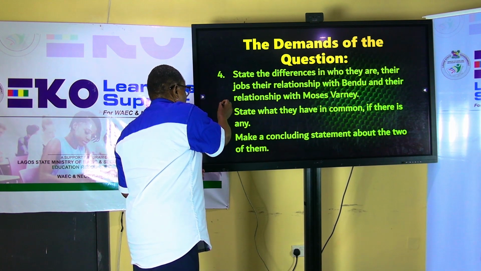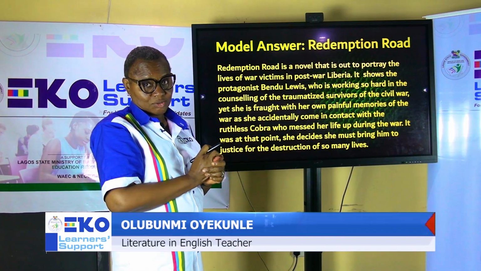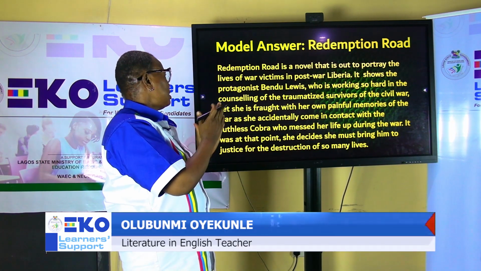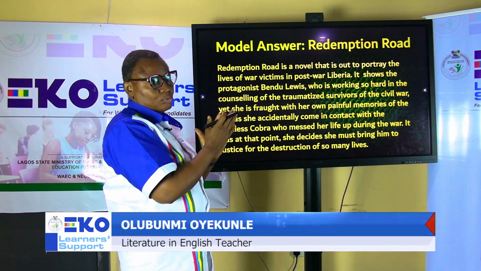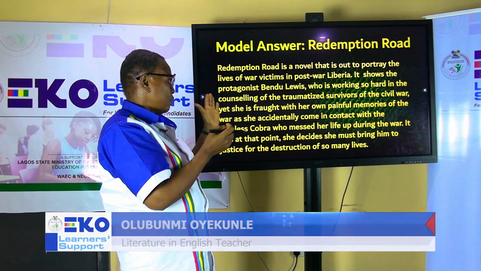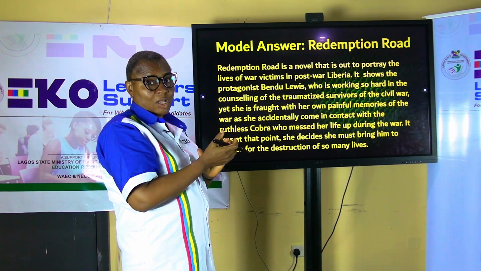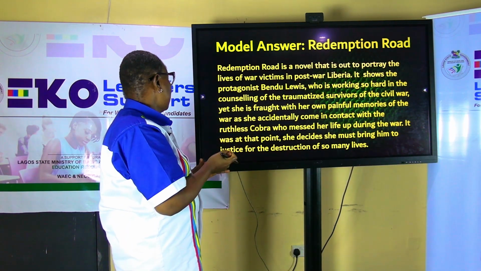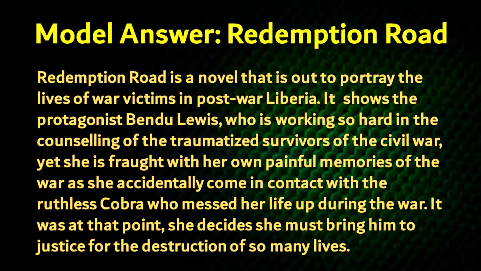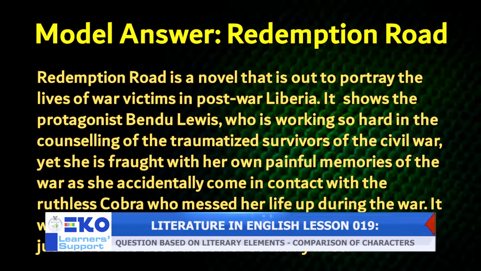We have a model answer so that it will be a sample, a point of reference when we are about to answer such questions as this. Redemption Road is a novel that portrays the lives of war victims in post-war Liberia. It shows the protagonist, Bendu Lewis, who is working so hard in the counseling of the traumatized survivors of civil war.